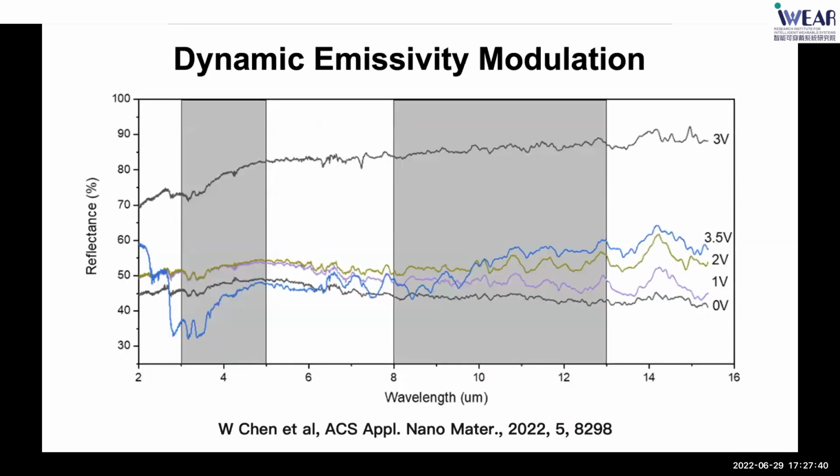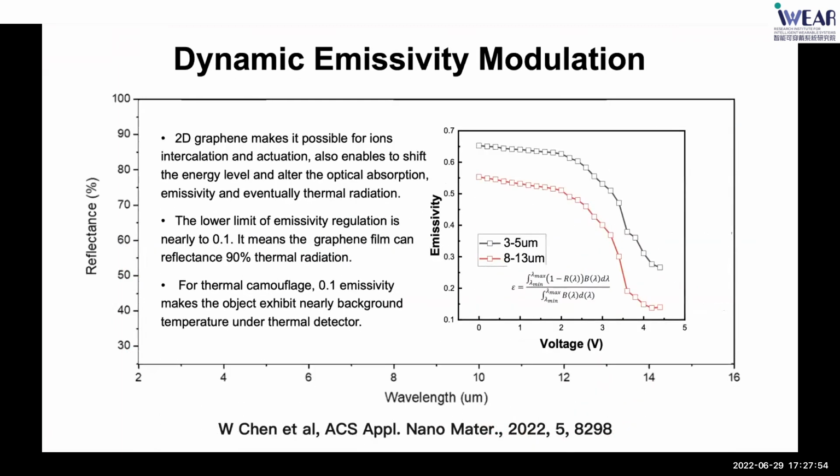And here is the in-situ optical spectral measurement. We can see that after 3 volts, the reflection increases significantly. And after calculations, we can observe the best results. That means the emissivity can decrease to 0.1.